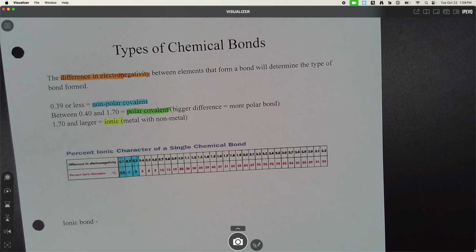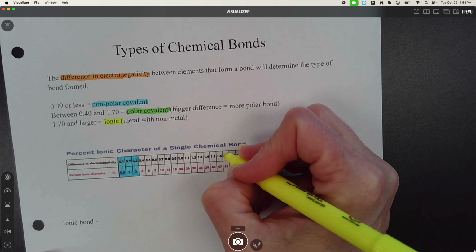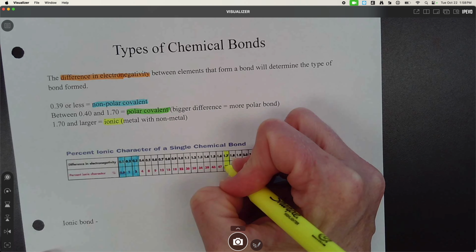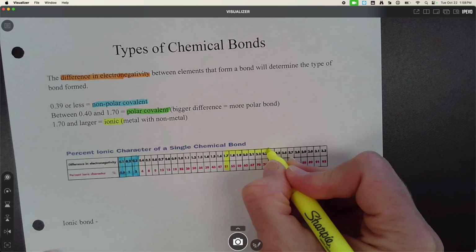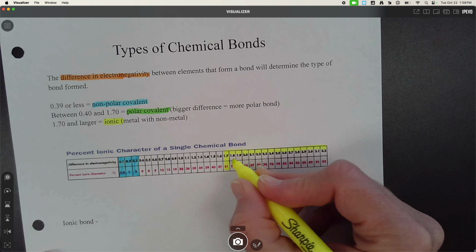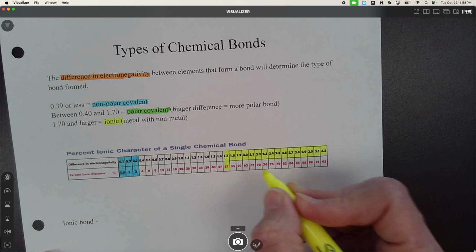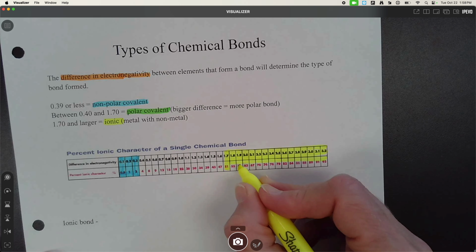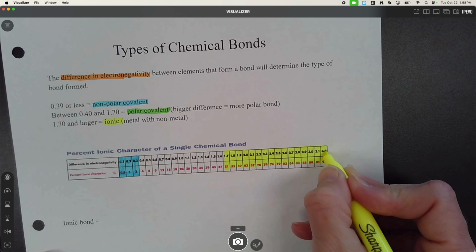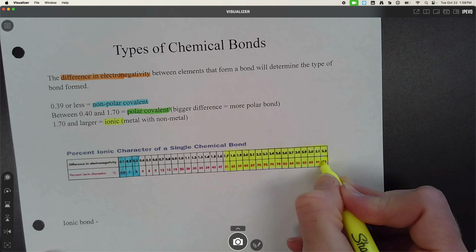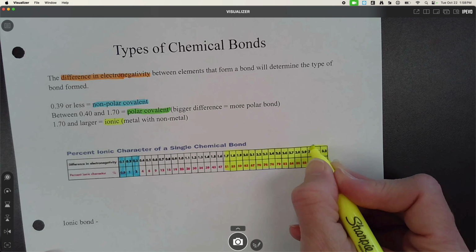At the other end of the spectrum, once we hit 1.7, our bond is, for all practical purposes, more ionic than it is covalent. It's more of a transfer of electrons than a sharing of electrons. So that's this end of the continuum.